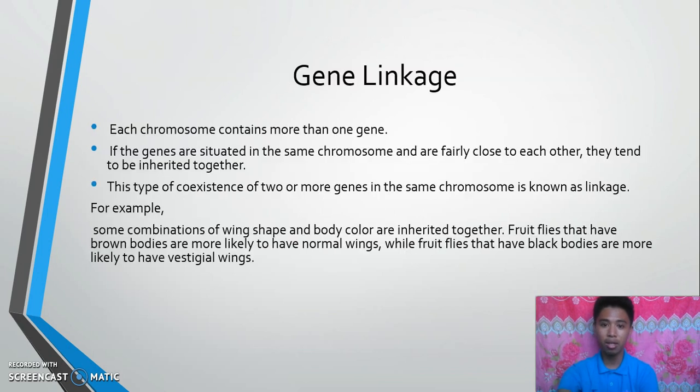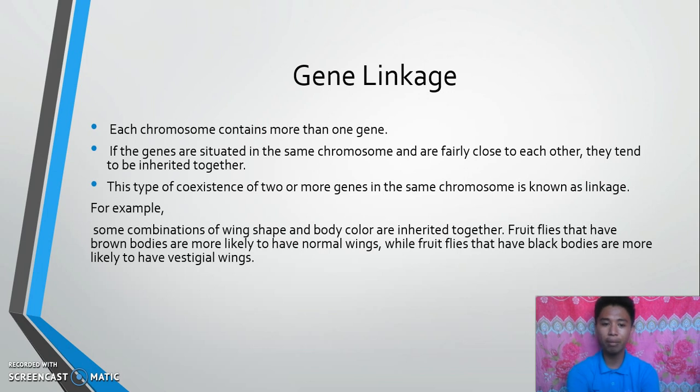Gene linkage. Each chromosome contains more than one gene. If the genes are situated on the same chromosome fairly close to each other, they tend to be inherited together. This type of coexistence of two or more genes on the same chromosome is known as linkage.